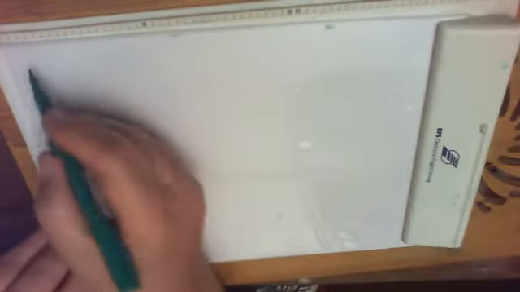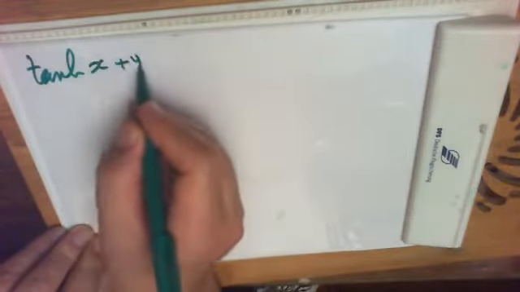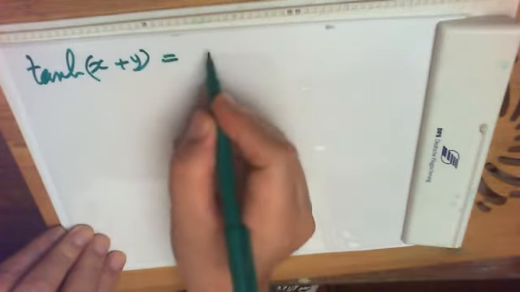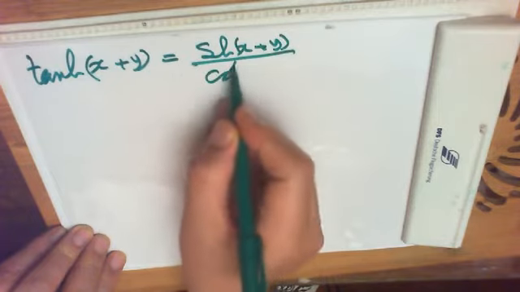Now we have, inshallah, we'll obtain the last relation for the tangent. We know that tangent(x plus y) is sine(x plus y) divided by cosine(x plus y).